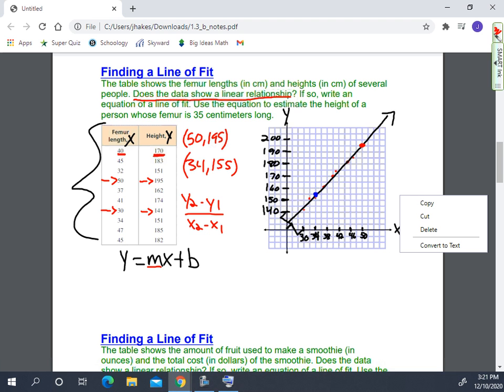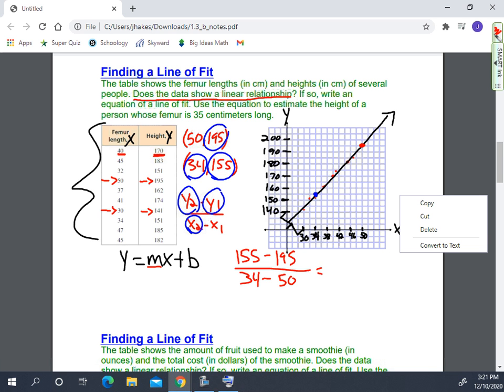So our y2 is 155. So our equation here is going to be 155 minus y1, which is 195, over my x2, which is 34, minus my x1, which is 50.